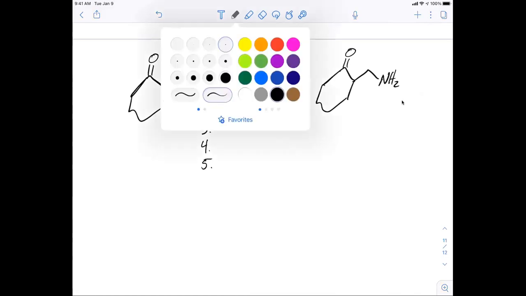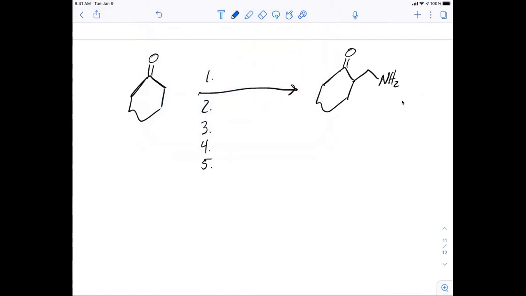Okay, let's go ahead and take a look at this, mainly because my computer's fixing to break down and we're running out of time. So in this one, what we're going to do is brominate, right? So remember, bromine and acid. Then I'm going to protect.